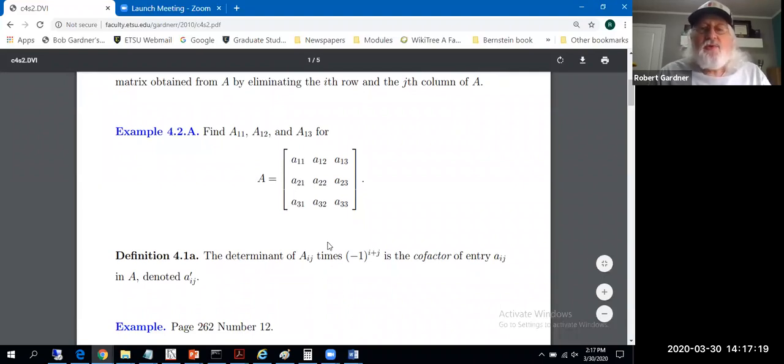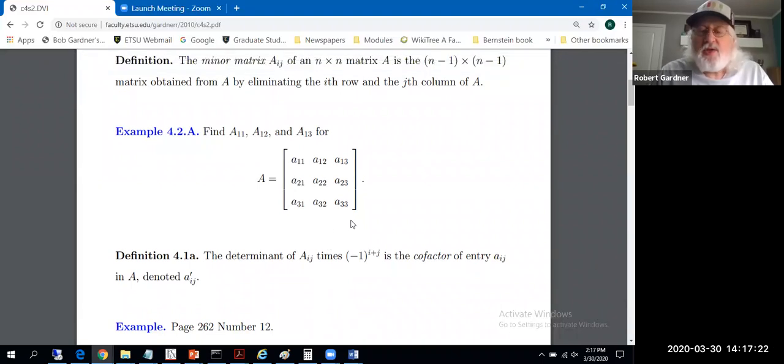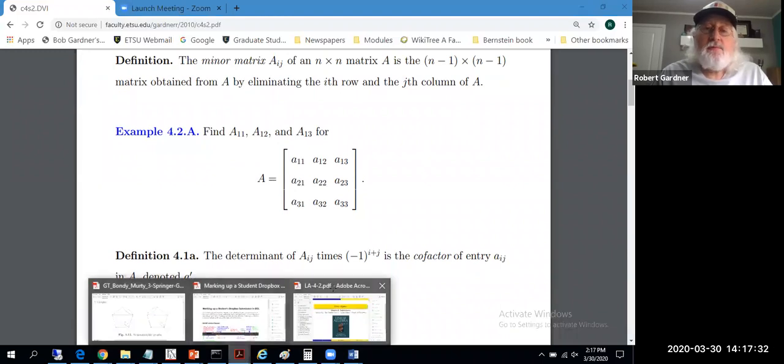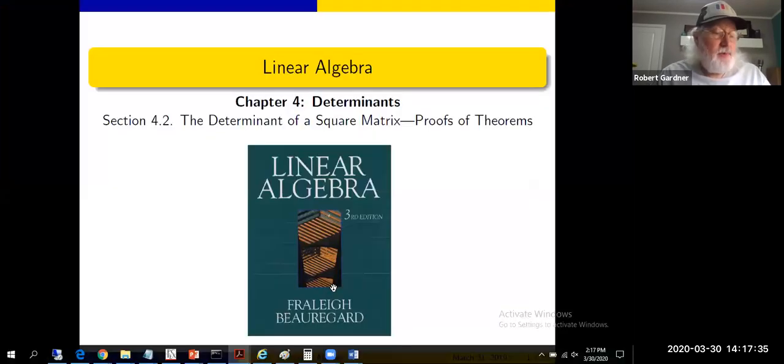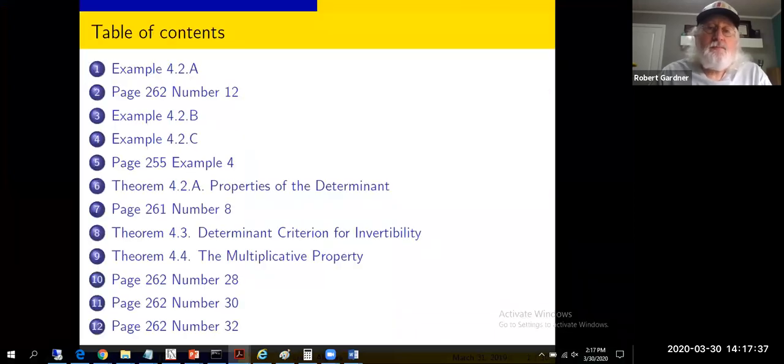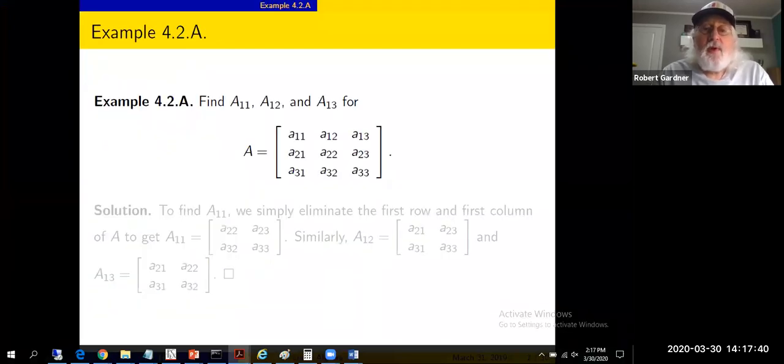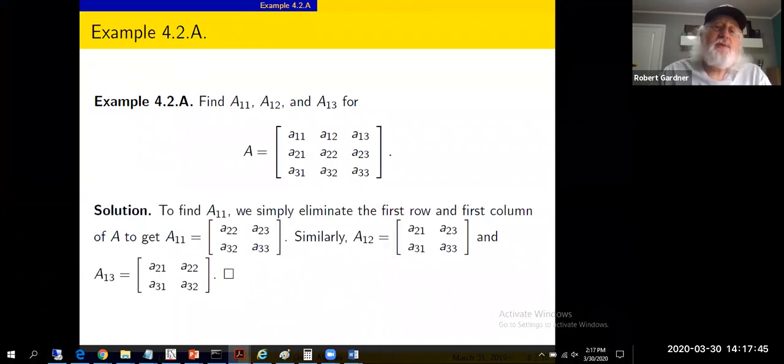Here's a 3 by 3 matrix, A, with the usual notation for the entries. And we want to find the minor matrices A11, A12, and A13. Okay, capital A11 would be the submatrix of matrix A that we get by eliminating the first row and the first column, ith row, jth column.